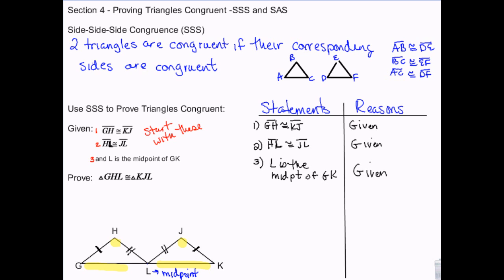When you've been given statements, one of them will take you to the next step. Two sides are the same length doesn't really tell me much of anything. It's just, okay, this side is the same length as that side is the same length as that side, fine, whatever. But midpoint. Midpoint means something.